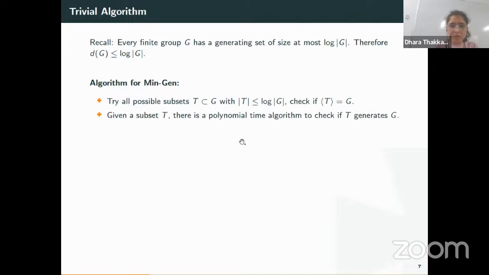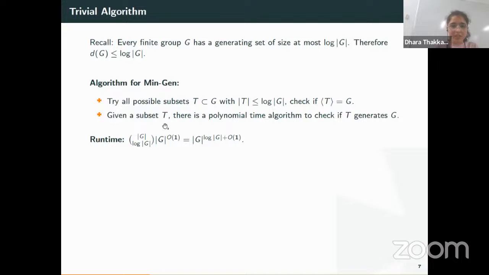For now, assume that given a subset T, there is a polynomial time algorithm that checks whether T generates G or not. Suppose that this second step can be done in polynomial time, then the running time of this trivial algorithm is quasi-polynomial in the size of G, because we are trying all possible subsets whose size is at most log |G|, and that is |G| choose log |G|. So that is this trivial algorithm. It runs in quasi-polynomial time in the order of G.